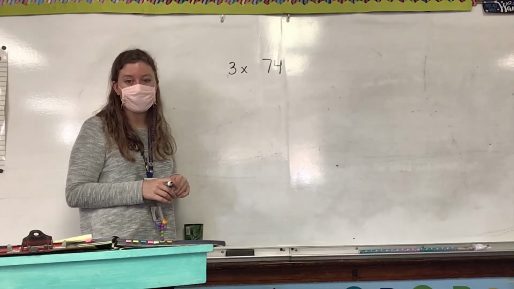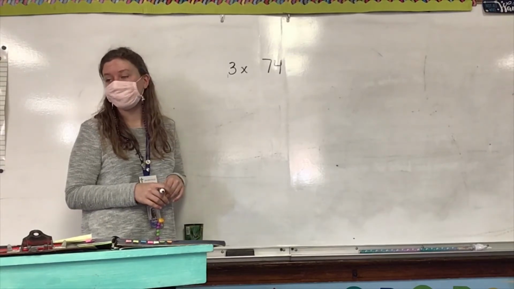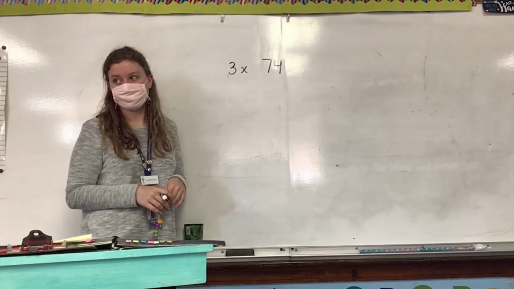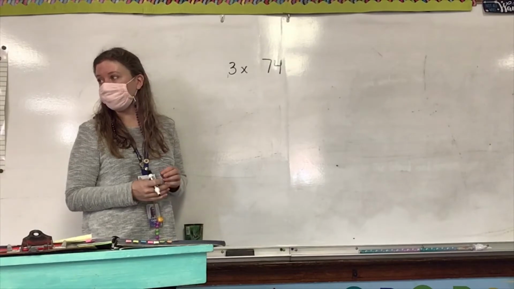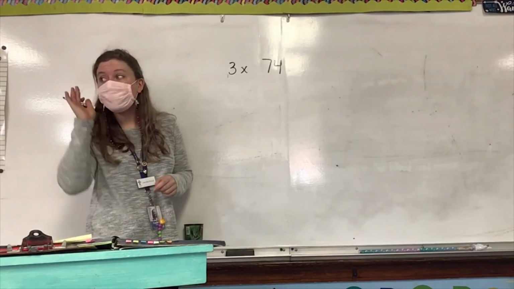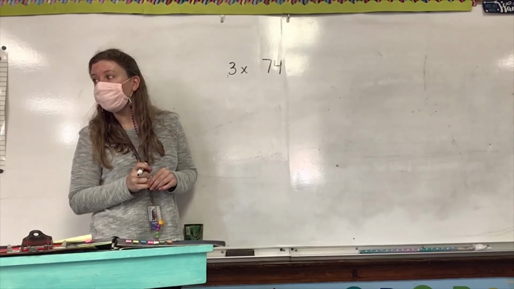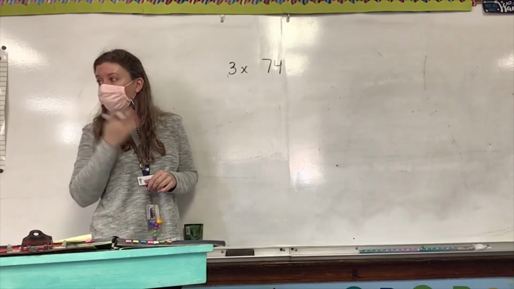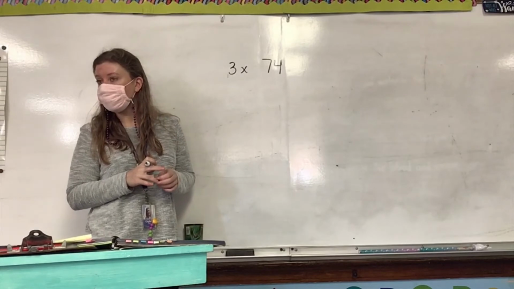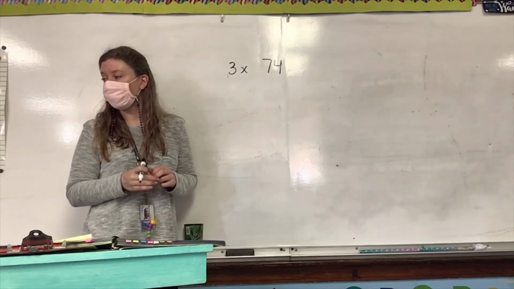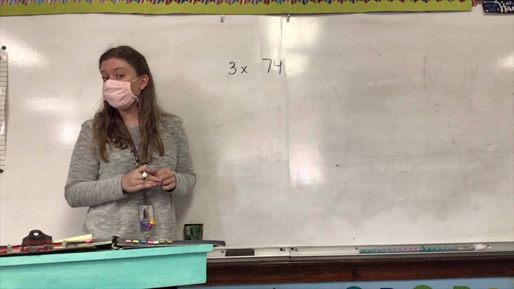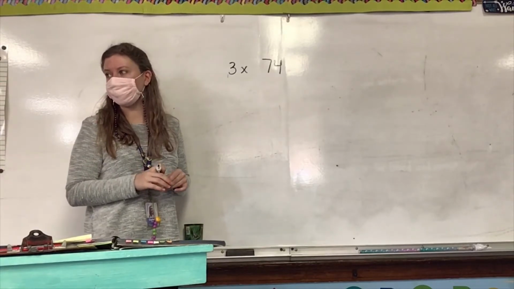What is the very first thing that we were doing? Victoria. We take the larger factor and we split it. Decompose it. We decompose it to 10 units. So we decompose it into what form?